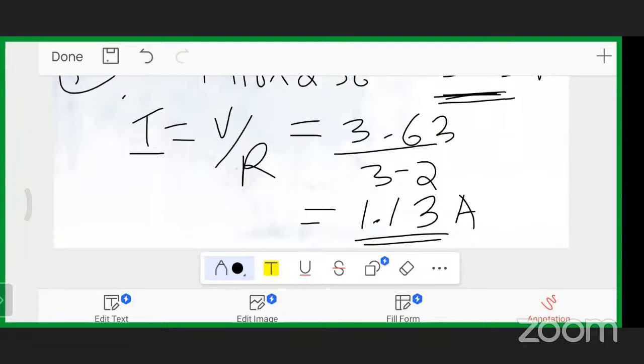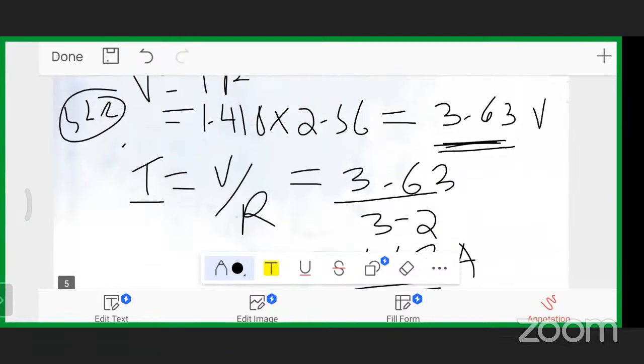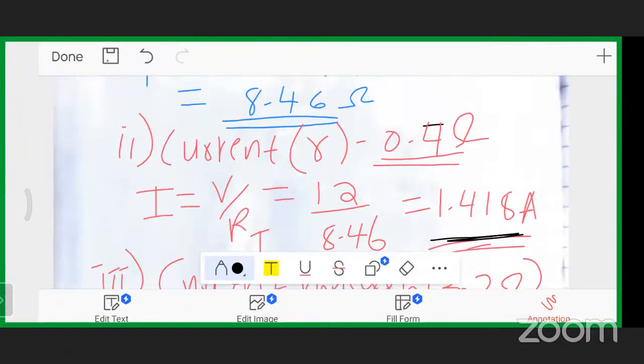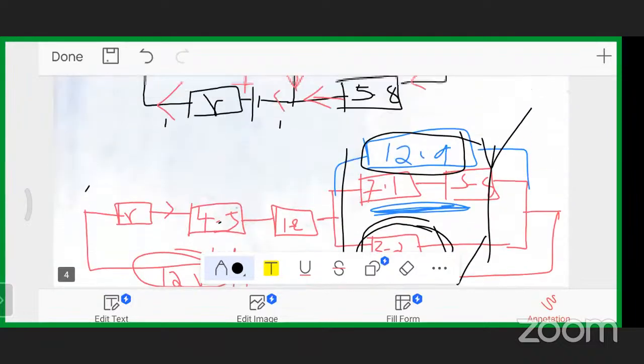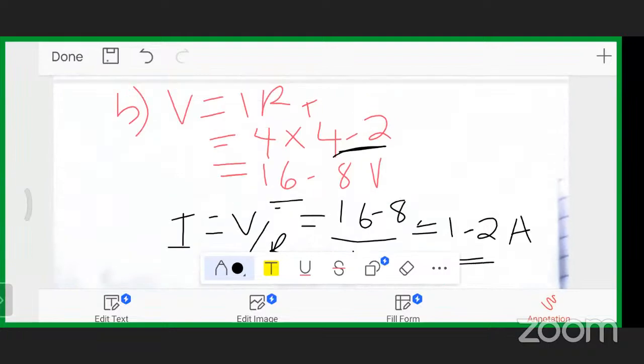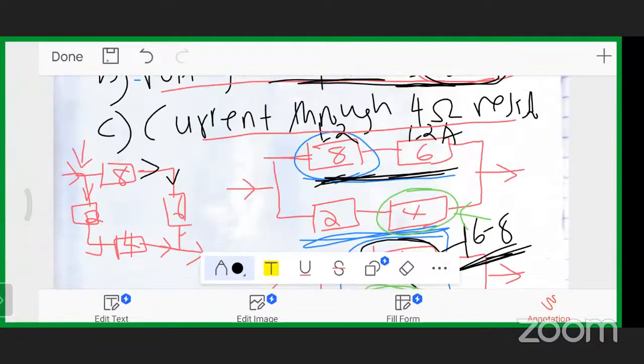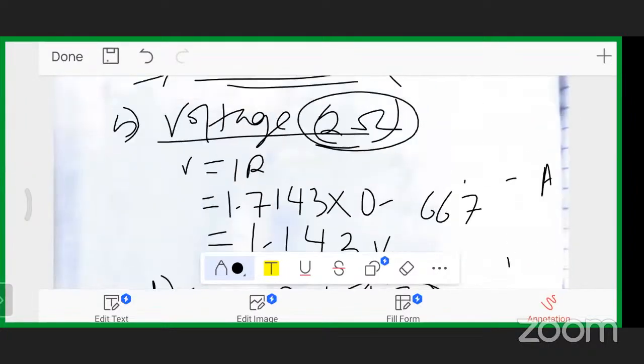So just as a takeaway home, as we end, I'll draw for you a circuit here so that you can try. It will be a little bit complex, but just for your practice, I can draw one for you.